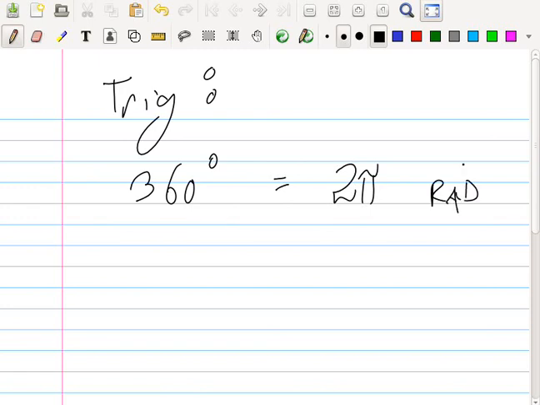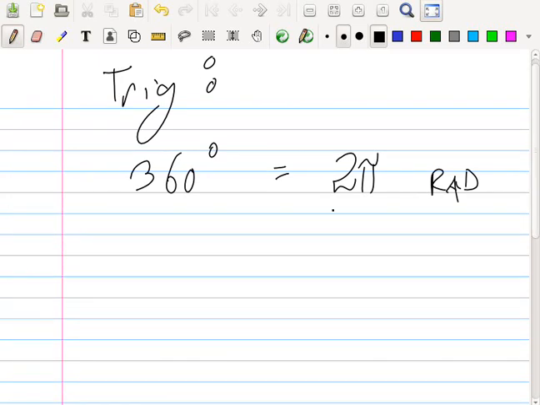For the moment, it's enough for me to say that all you're doing here is changing the unit. You can measure distance in meters, centimeters, kilometers, inches, feet, etc. So, likewise, you can measure angles in degrees or in radians. 360 degrees represents 2 pi radians. If you want to convert, here's the rule.